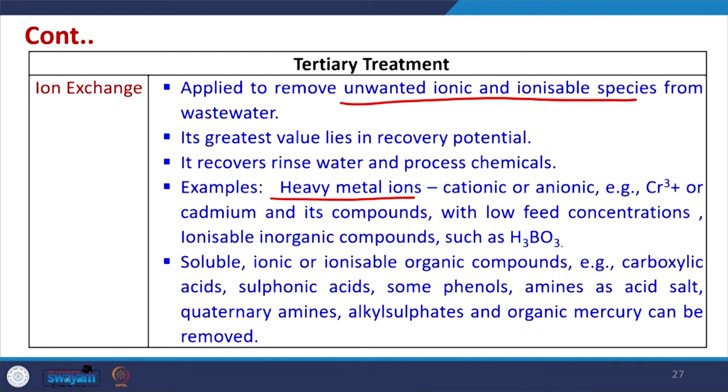In particular, suppose we have to feed water to the boiler for steam generation. That means we need to remove the calcium and magnesium to avoid scaling in the pipelines, as well as scale formation in other units. So, the ion exchange technique is very common.